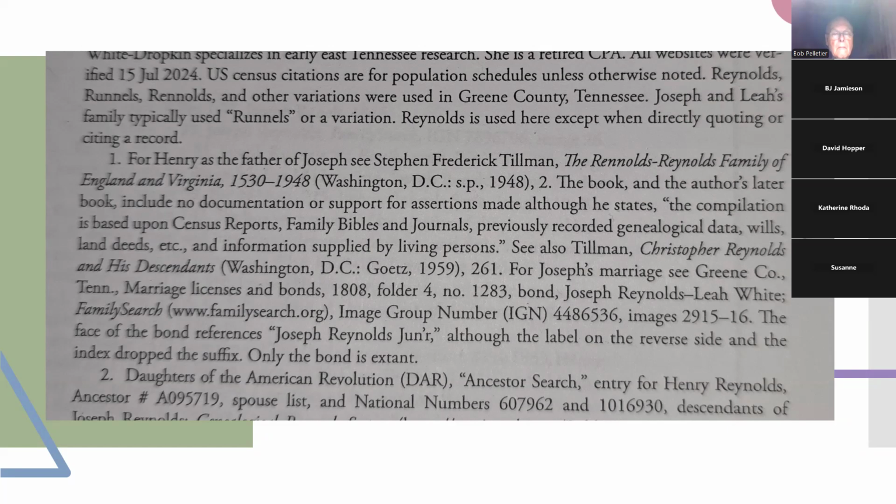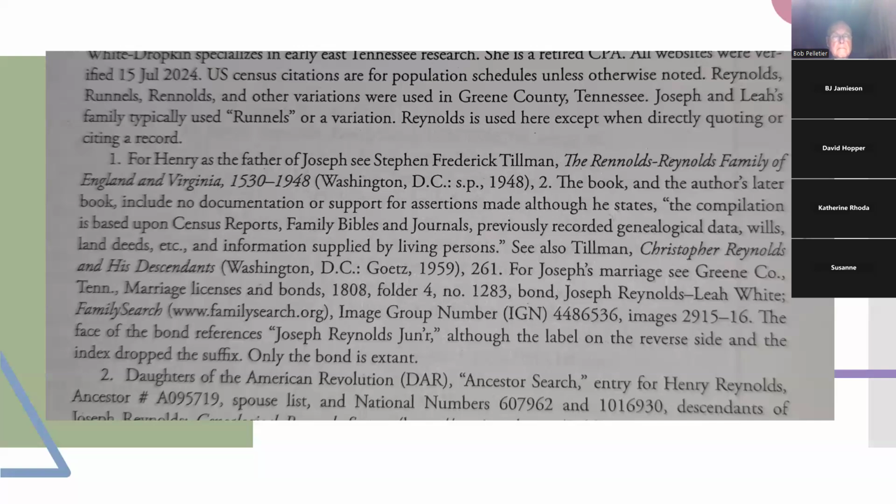How much of that would you trust as a source? Basically, there's no way to go back and see what this assertion of this relationship is based on. Which census reports?